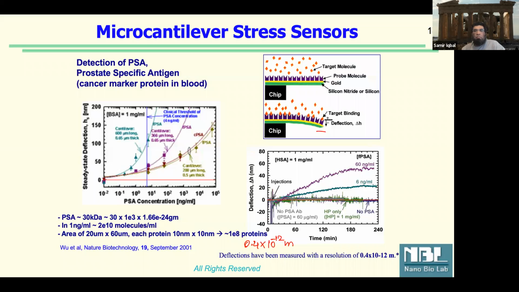Here there are more examples of using cantilevers and looking at the stress, right? Again, because of binding. So PSA is prostate specific antigen. Men over 40 years old are recommended to get their PSA levels tested because that tells us if a person maybe has prostate cancer, right?